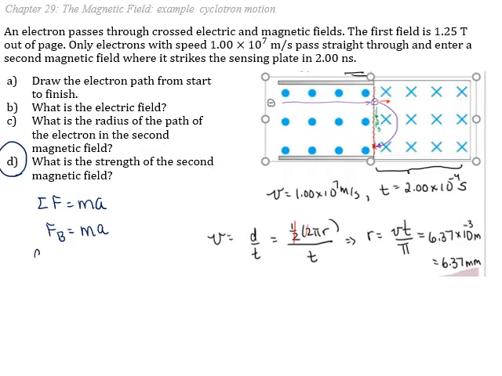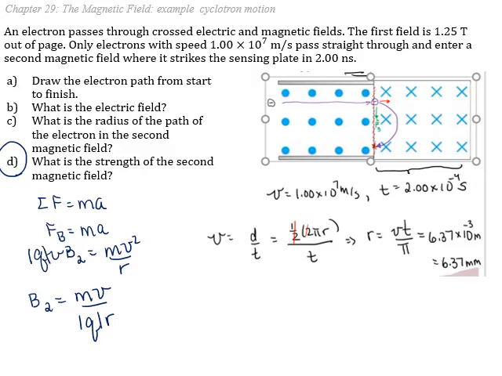Magnetic force is Q times V times B. This is in our second field, so I'll call that B2, equals m times V squared over r. We're trying to find B2, so B2 is m times V squared divided by Q times r.